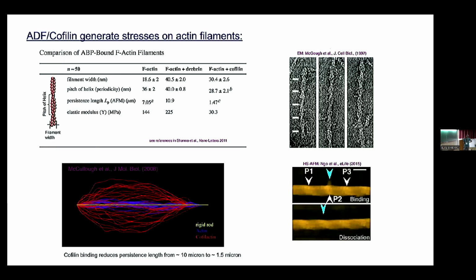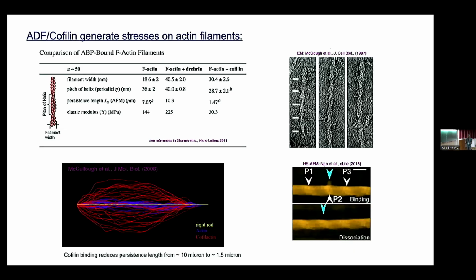This deformation manifests itself as a change in the helical pitch of the actin filament. When cofilin decorates the filaments, there is a change in pitch of, I think, something around 20% or so. This has been seen in electron micrographs, and it has also been seen in fast AFM studies.